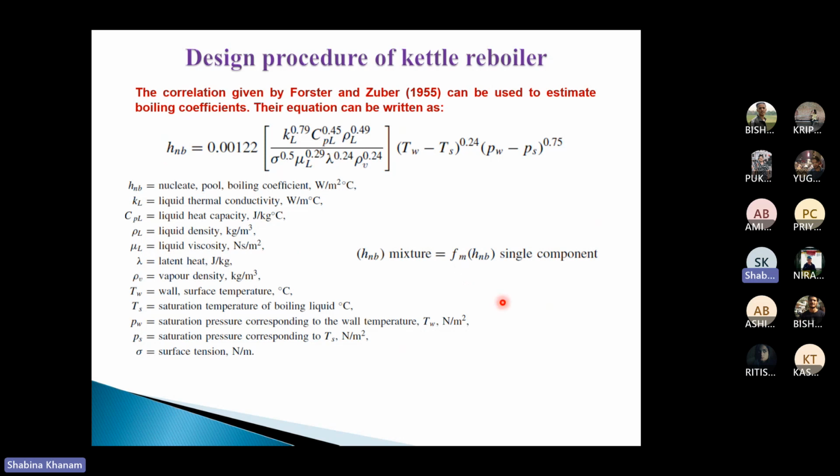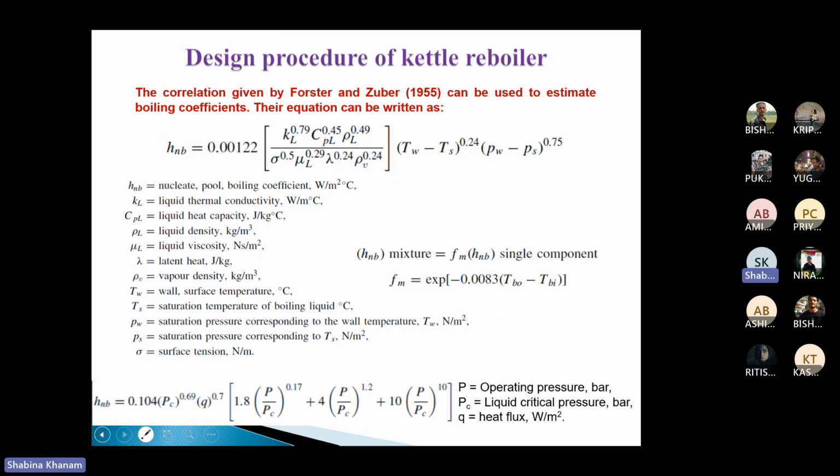You need to consider this FM, which is given depending upon the inlet and outlet temperature of the boiling fluid, and single component HNB, which you can calculate from this. Otherwise, you can use this simplified expression where critical pressure must be given. If the critical pressure of the liquid or the feed is given, then you can use this graph, this equation. Otherwise, not.